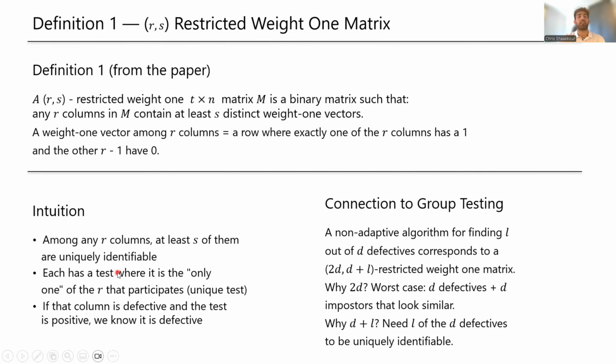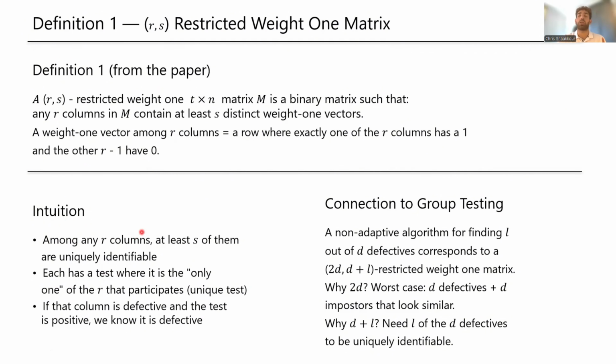And the intuition is that among any R columns, at least S of them are uniquely identifiable. Each has a test where it's the only one of the R that participates. Unique test, we can call this. Only one test is present in this row. If that column is defective and the test is positive, we know it is defective.